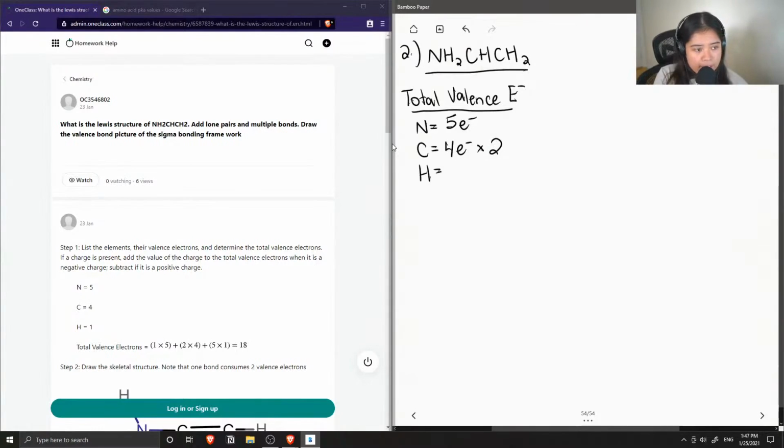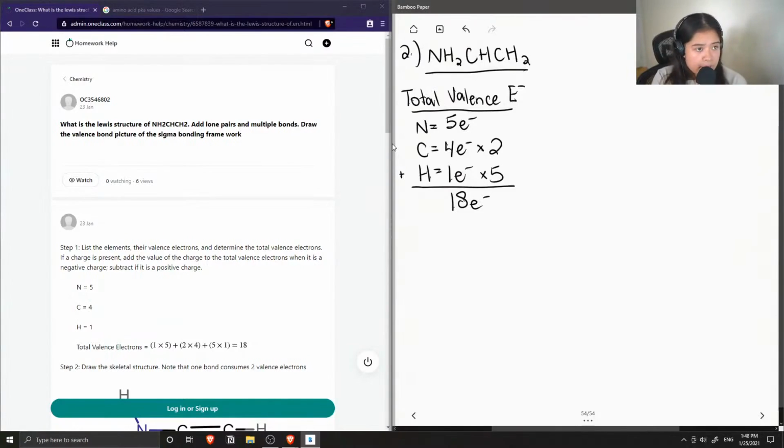And hydrogen has 1 valence electron, and there are 5 hydrogens, so we multiply this by 5. And then if we add this up, we get a total of 18 valence electrons.